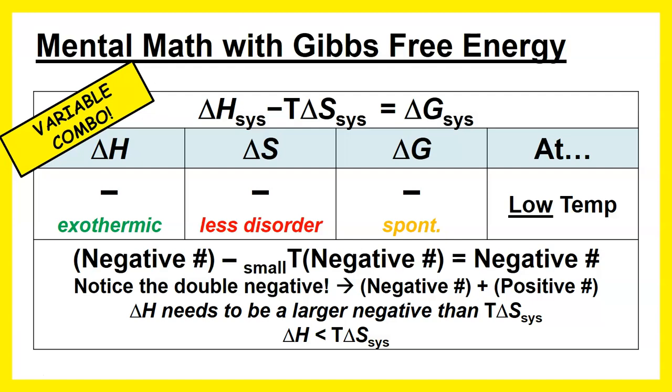So the enthalpy piece needs to win. It needs to be more negative, right? It needs to be a big enough negative compared to the low temperature decrease in entropy component. And if you can make that happen at a low enough temperature, then it can be spontaneous.